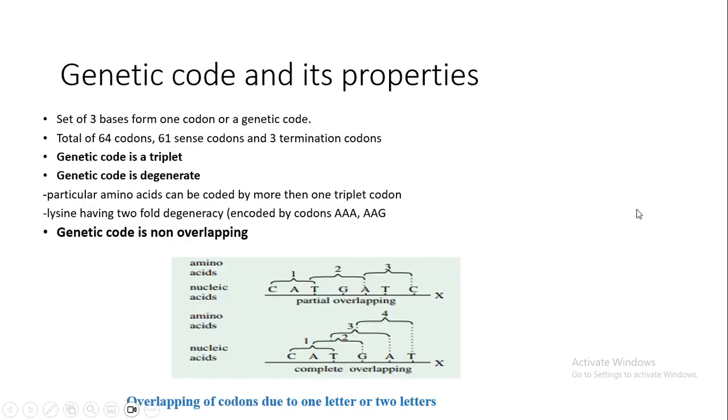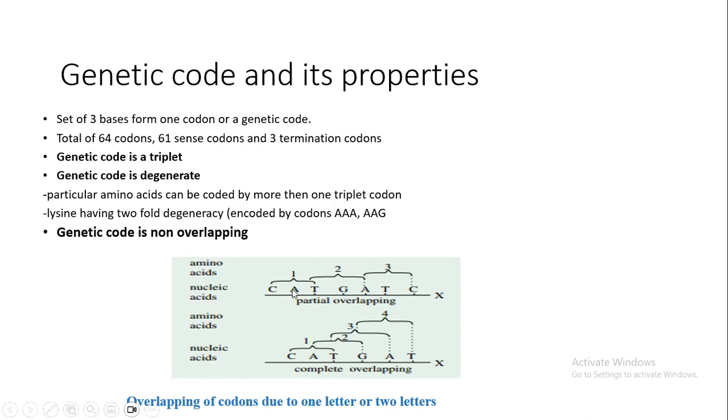Next, we are going to discuss the properties of genetic code. Genetic code is made up of 3 bases that form a single codon. Since there are 4 bases, that is C, A, T, and G, at a particular position we can have 4 possibilities, that is, any one of the 4 bases can be present.